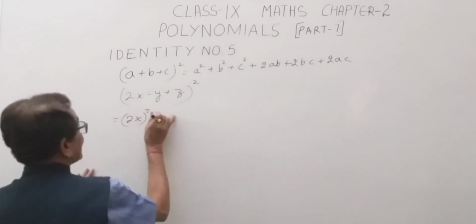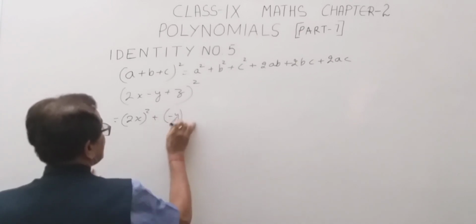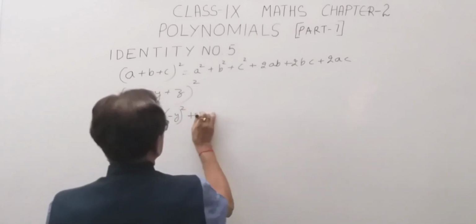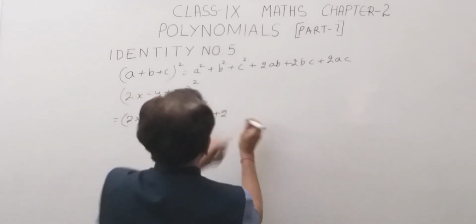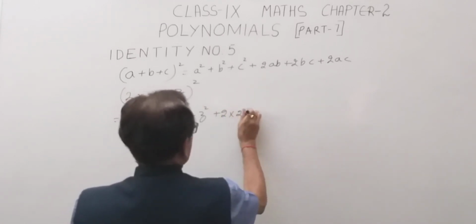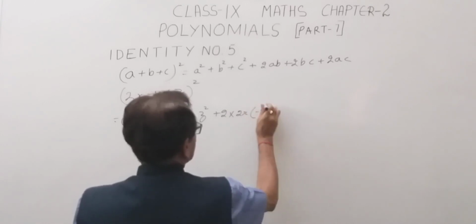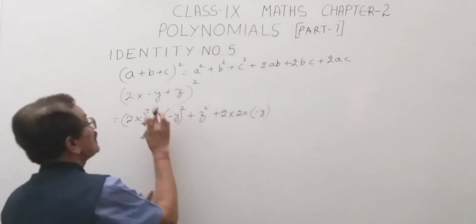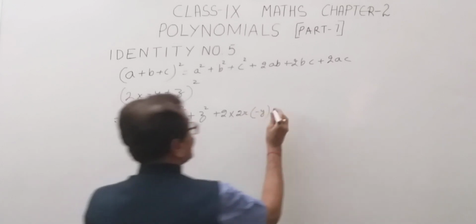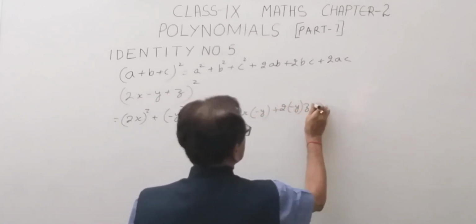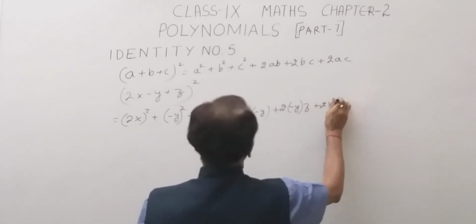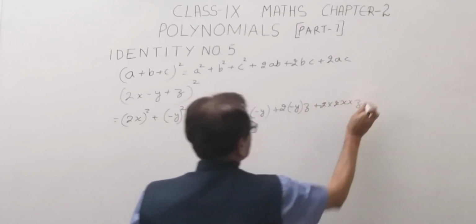a square plus b square plus c square plus 2ab, 2 into a into b. See, when b came, I wrote minus y, plus 2 into b into c, plus 2 into a into c.